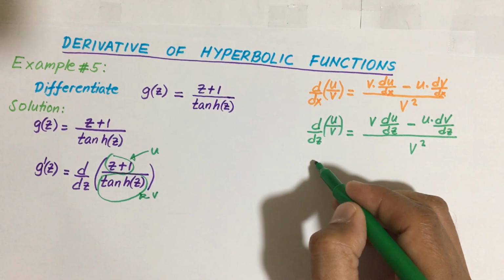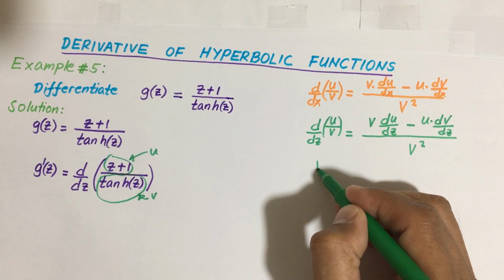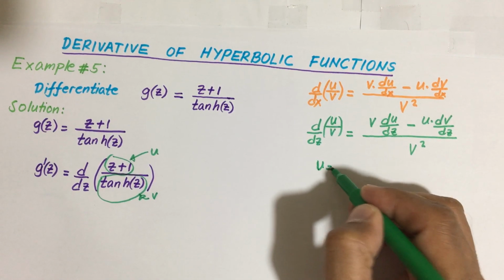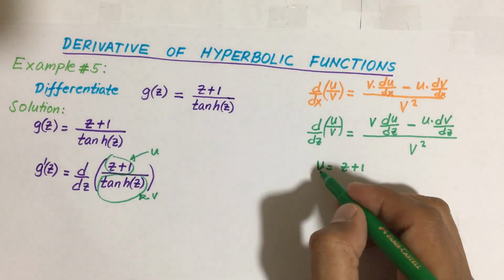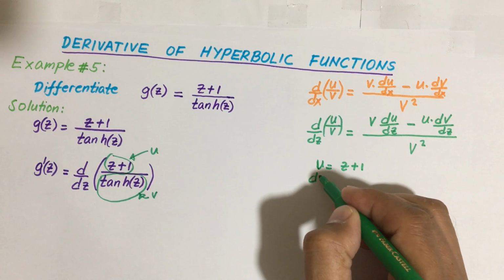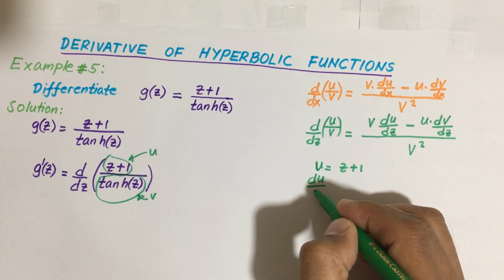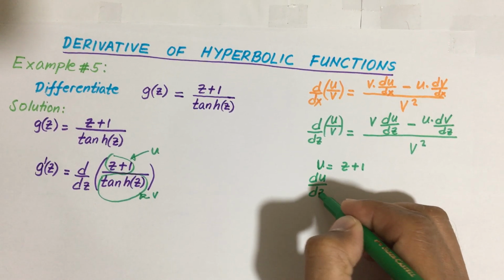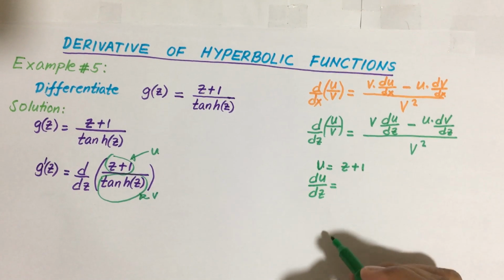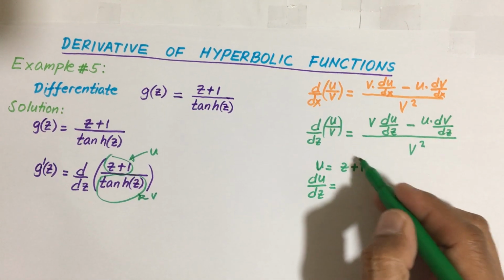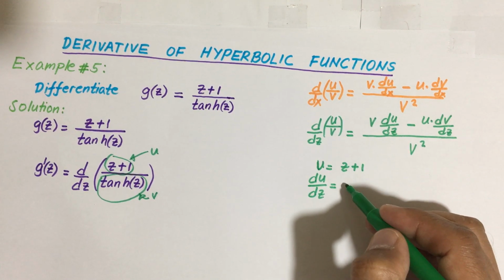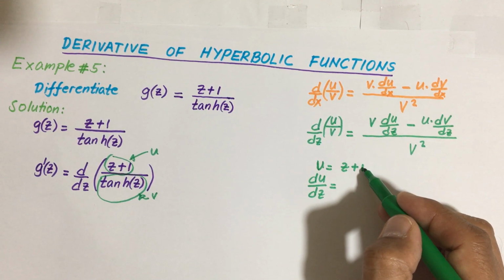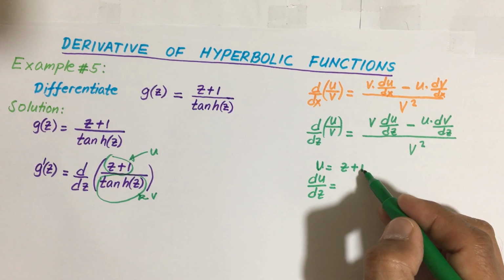So u is equal to z plus 1. The derivative of u with respect to z is equal to, so use the sum rule here, derivative of z with respect to z is equal to 1. Derivative of 1 with respect to z is equal to 0.